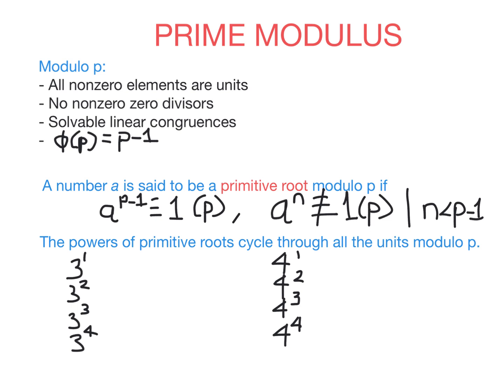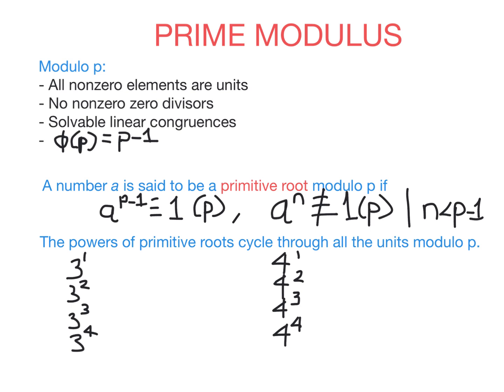What makes it a primitive root is if this is the smallest number to which you can raise a to get an answer of 1. That's what this is saying here. a to the power of n is not equivalent to 1 mod p when n is less than p minus 1. So primitive roots cycle through all the units modulo p with their powers.